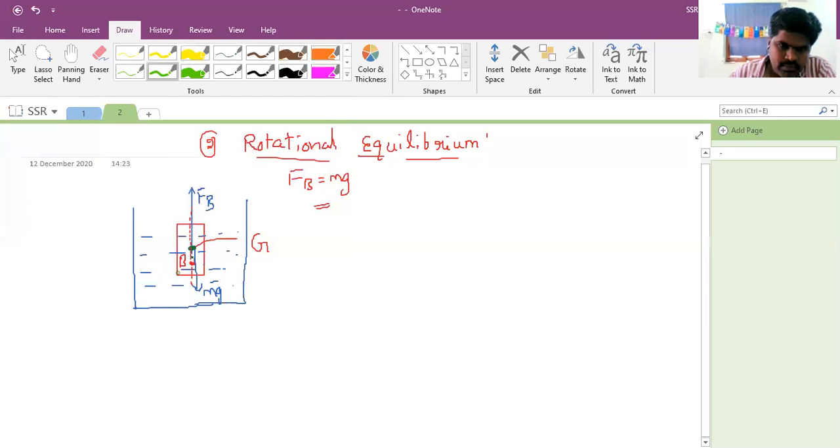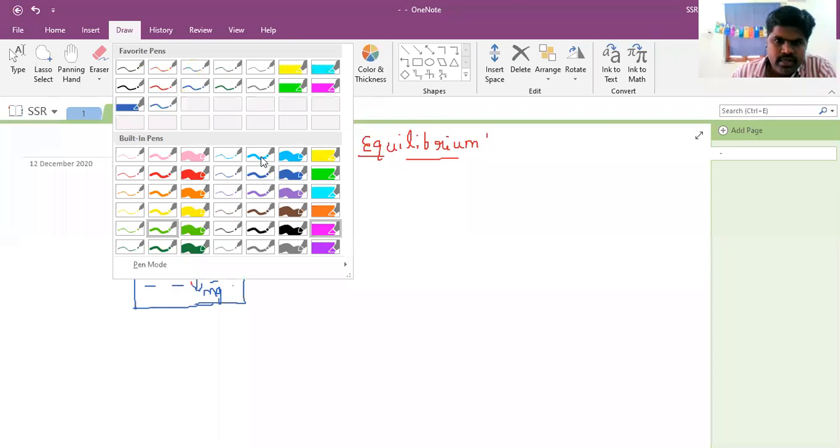So this is the shifting diagram. Slightly shifting means bending, sorry. Slightly it will bend. You can see the diagram.